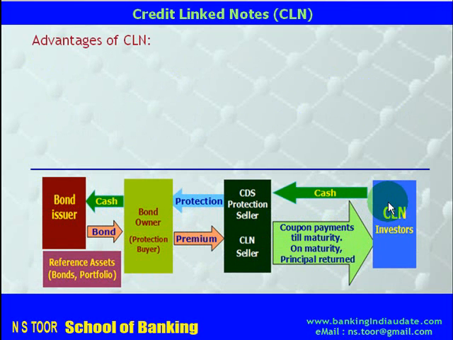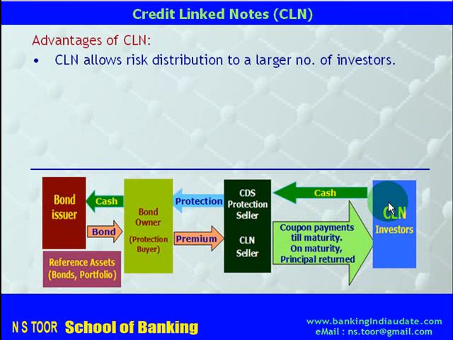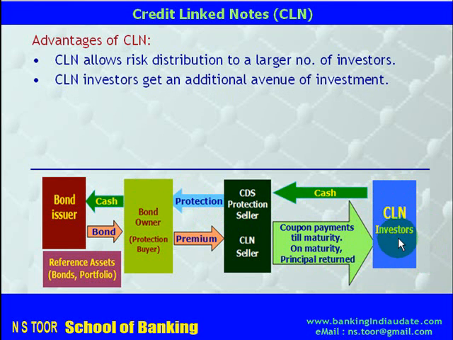Now, what are the advantages of CLN? First advantage is that CLN allows risk distribution to a large number of investors. So this risk being borne by the bond owner only can be transferred to a large number of investors. Second, CLN investors get an additional avenue of investment.